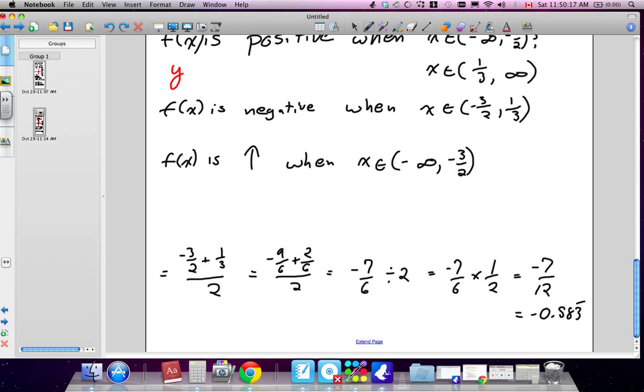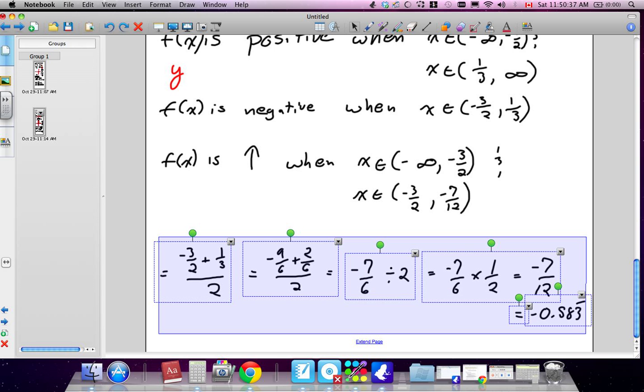We're going to keep it as a fraction. So f of x is increasing when x is going from negative infinity to negative 3 over 2, and it's increasing when x is going from negative 3 over 2 to our vertex, negative 7 over 12. Does that make sense? Yeah.